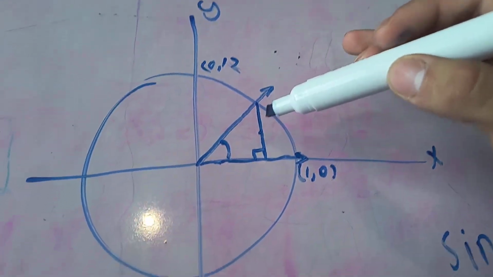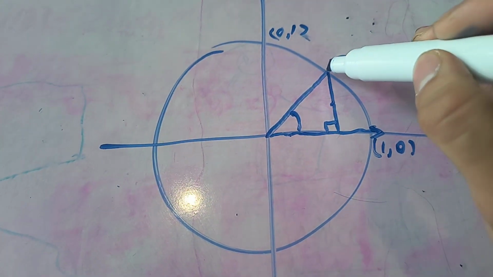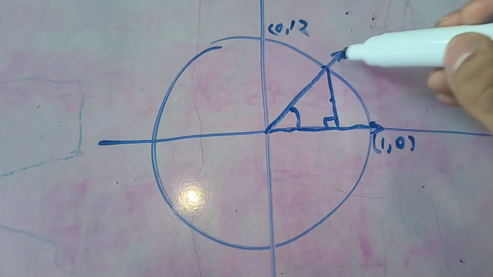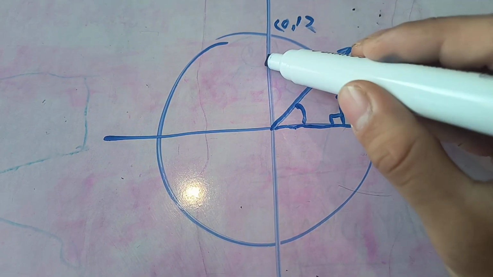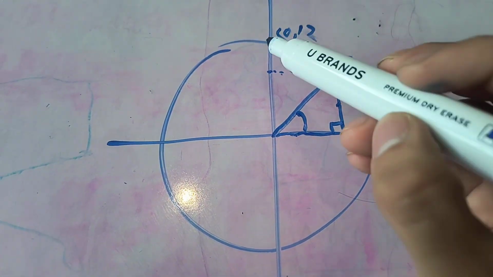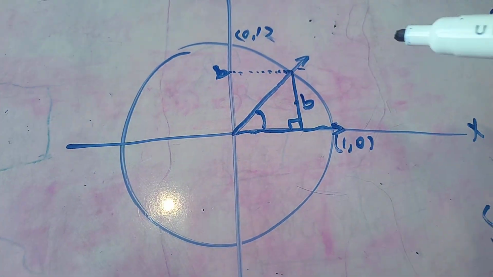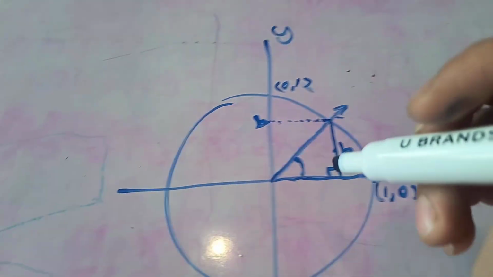The length of this is going to be equal to whatever y point this line has intersected when creating that angle. We'll call that y point B, so the length is B.